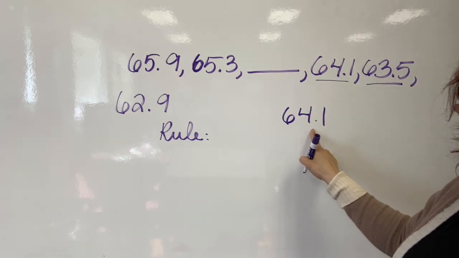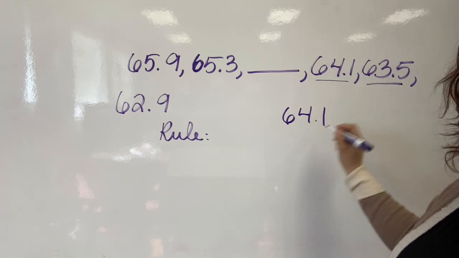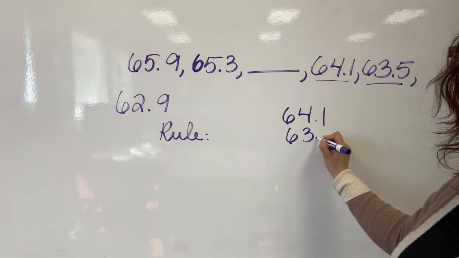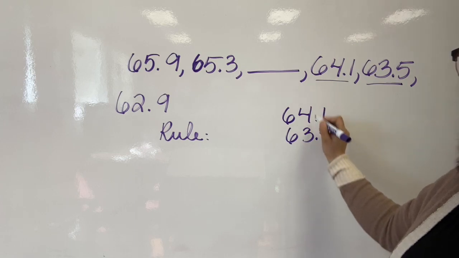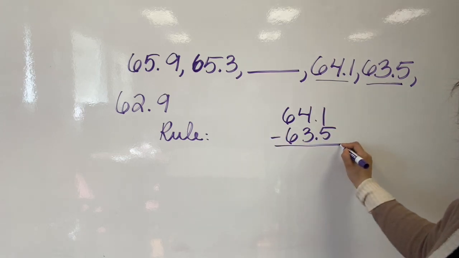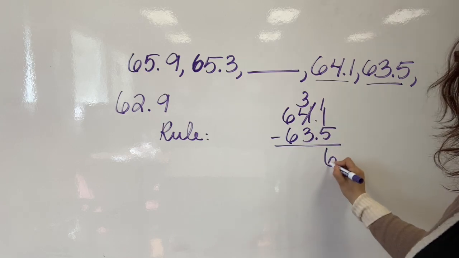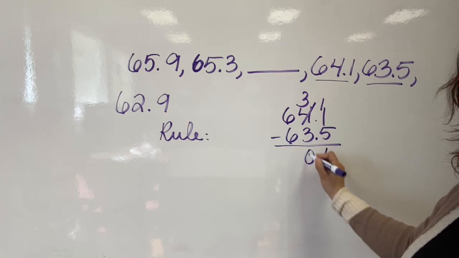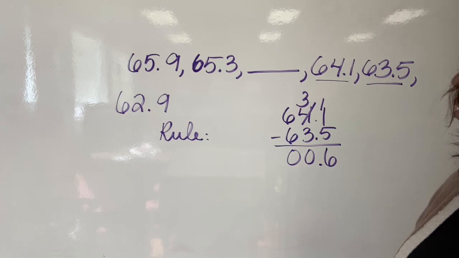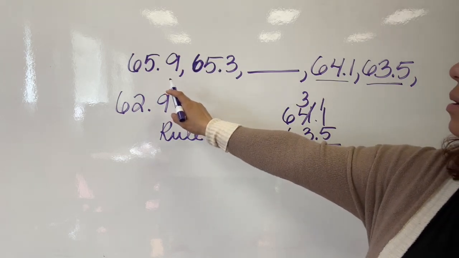Remember, we always want the bigger number on the top. 64 is bigger than 63. I lined up my decimals, so now I can subtract. Great. I see that my numbers are getting smaller.